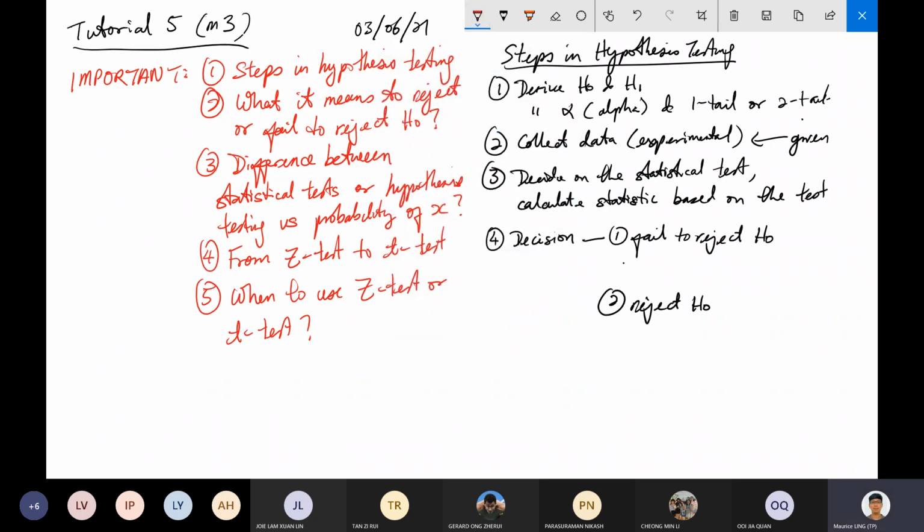When you fail to reject your null hypothesis, essentially the absolute value of the statistic is greater than the critical value. Once you decide your statistical test, using the alpha, you also have to derive the critical value here.